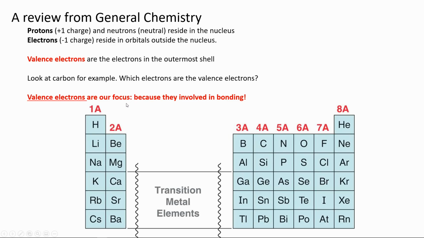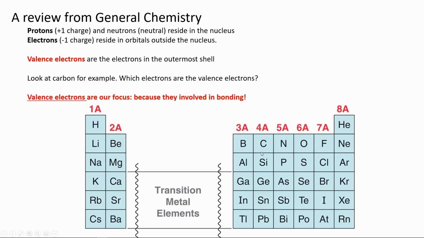And depending on which group each atom is in, we have a specific number of valence electrons. And these valence electrons are going to be our focus, and they are going to be how we manipulate the unique qualities of each of these atoms, because they're going to have a different number of valence electrons, and these valence electrons are going to be our active players in chemical bonding.